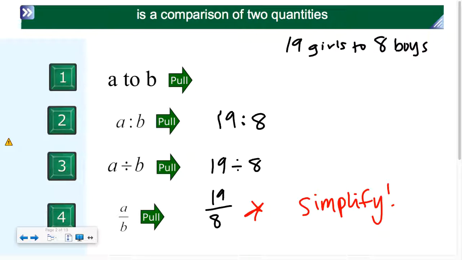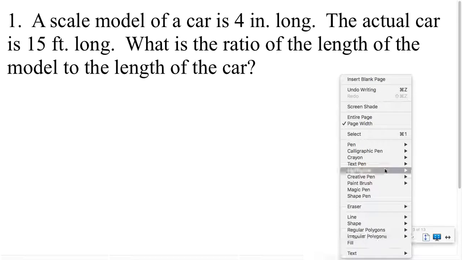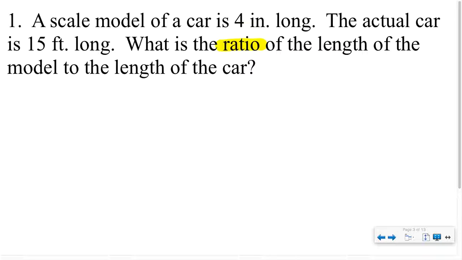So our first 2 examples are just going to be practice writing ratios. Number 1. A scale model of a car is 4 inches long. The actual car is 15 feet long. What is the ratio of the length of the model to the length of the car? Okay, when you see the word ratio, think fraction.